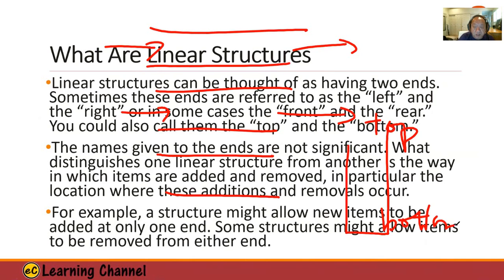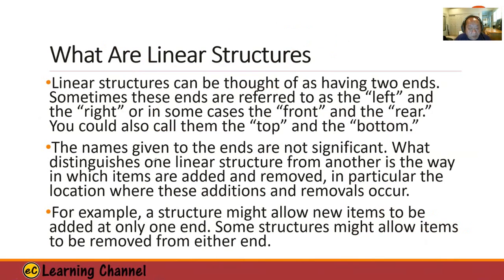Whatever, it just depends on the data structure, and it has different names for this 1D data structure. The names given to the ends are not significant because you can always change them. What distinguishes one linear data structure from the other is the way the items are added or removed. So for these different data structures, queue, deque, stack, basically the differentiation is the way you add or remove items. How you organize the data depends on how you add it in or remove it.